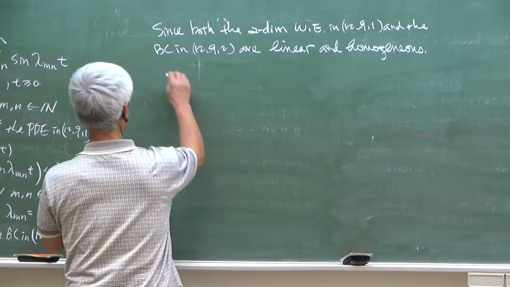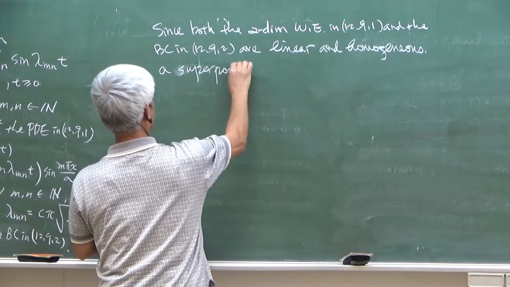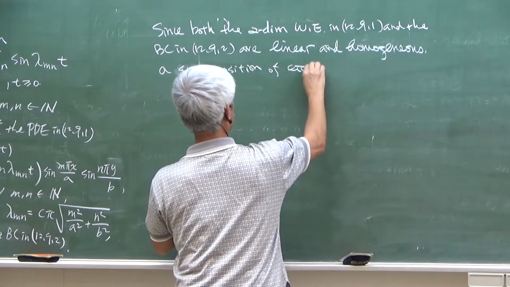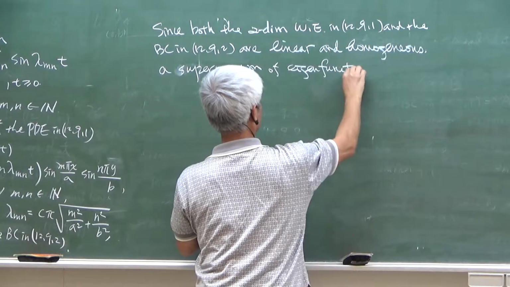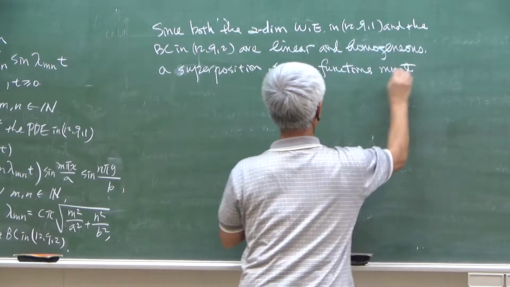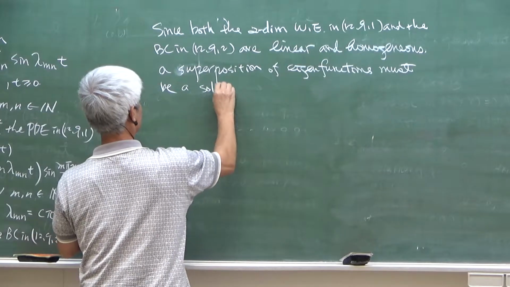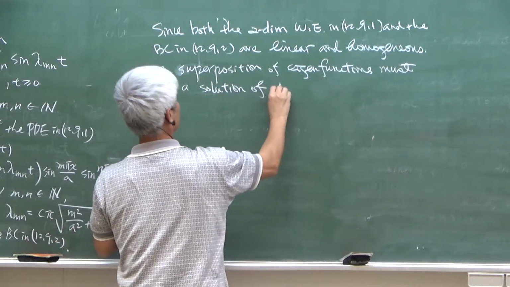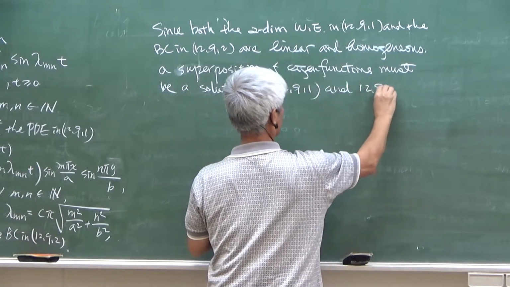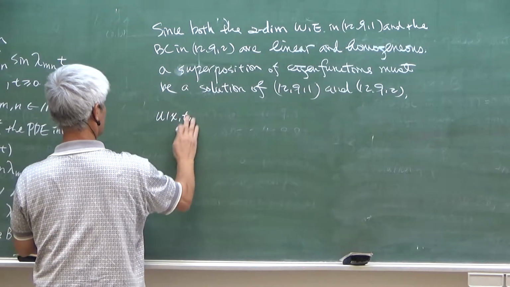So a superposition of eigenfunctions must be a solution of 12.9.1 and 12.9.2. Okay, so let's take the superposition here.